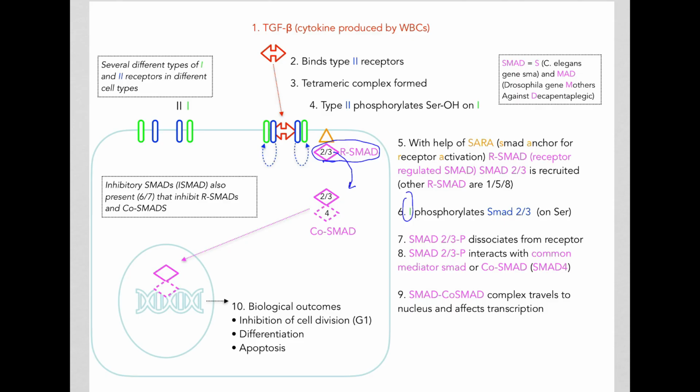Now the SMAD2/3, the receptor regulated SMAD, will interact with another SMAD called the common mediator SMAD or co-SMAD. The only type of co-SMAD that we know of today is SMAD4. So the co-SMAD will now interact with the receptor regulated SMAD.